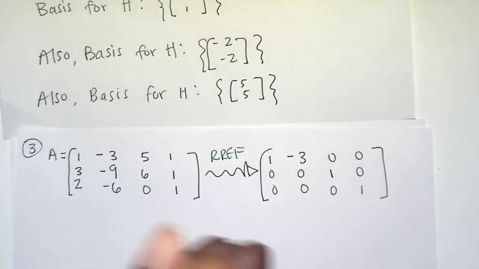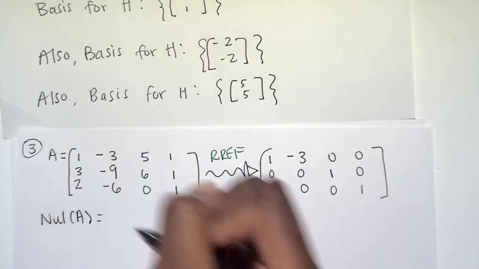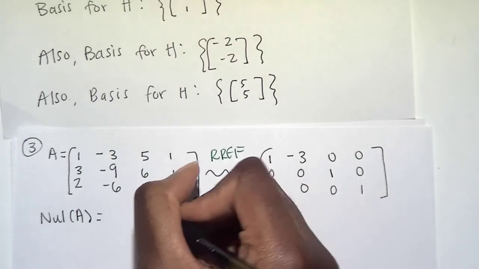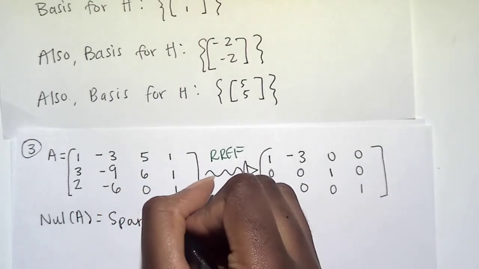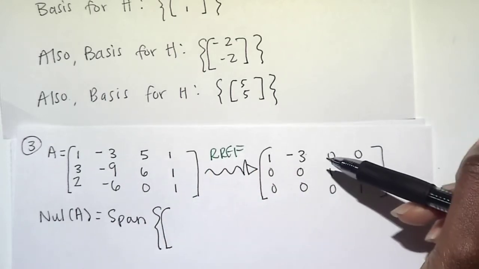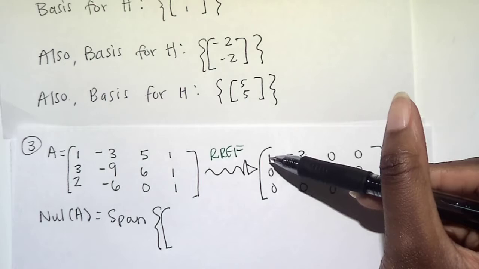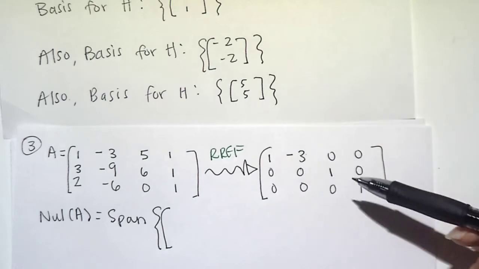So we know that the null space of our matrix A is going to be the span of this vector 3, 1, 0, 0.